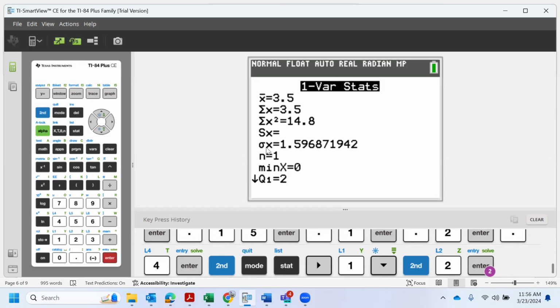Now what you're given here is a standard deviation. When you want to square this value, use the exact value. Key in the exact value on your Casio, and then you square. You would be getting 2.55. If you use any rounded value, you will not get the correct answer. Sigma X is the standard deviation for X.